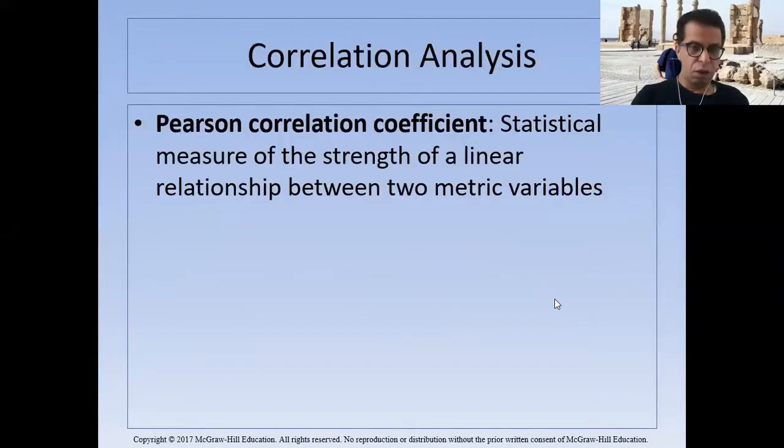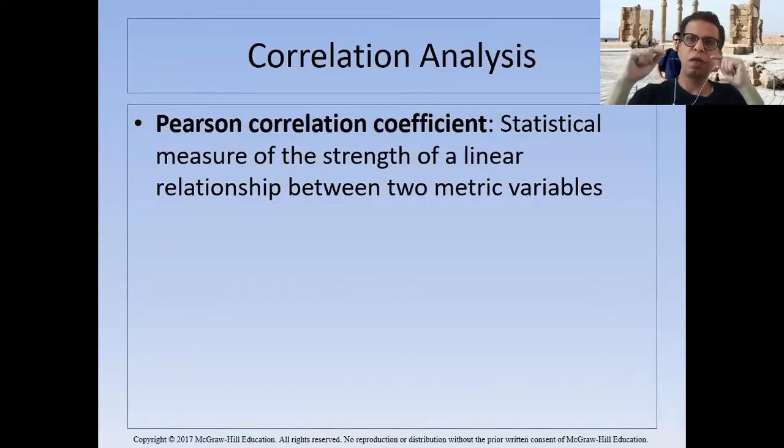Now, I'm going to talk about Pearson. Very quickly, it's a statistical measure of the strength of a linear relationship between two metrics. It's very simple. It says if I increase one variable, how much will the other variable increase?